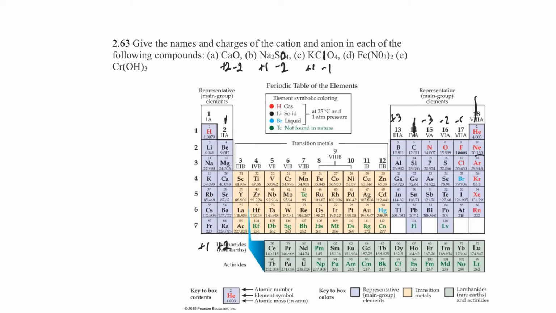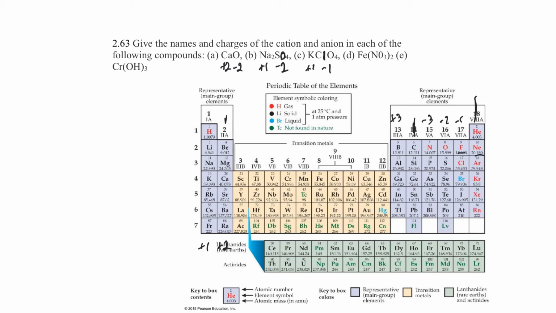This one is hard to guess because you can have multiple charges. You've got iron, which is here. Anything in the transition metals, under the stairs, can have multiple oxidation numbers. You can have +1, +2, +3.